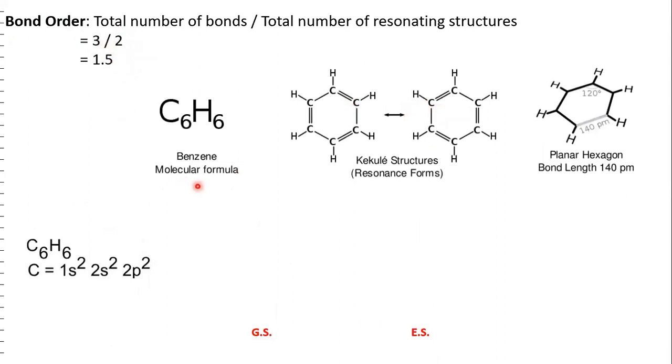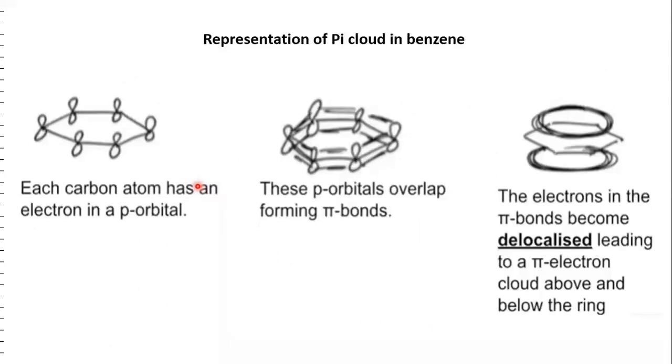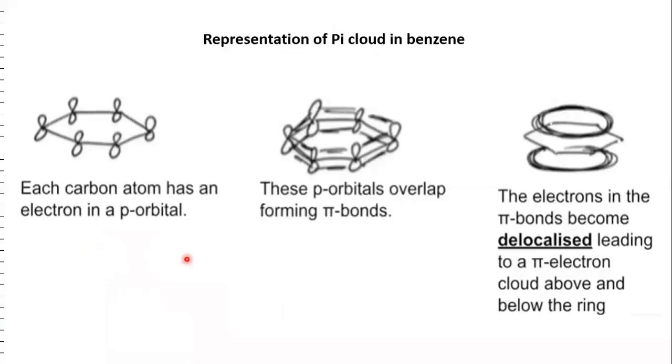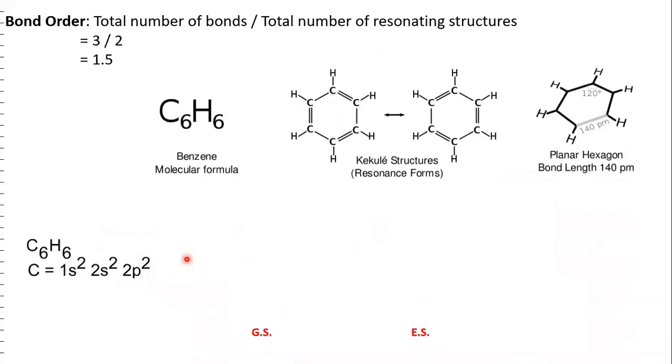Hence we draw this structure as a cyclic structure of carbon to carbon sigma bonds, and in that closed cycle we draw this dotted line. So it represents a 1.5 bond order for every two carbon atoms. Hence you can draw this type of structure. This is the significance of the bond order value of 1.5.